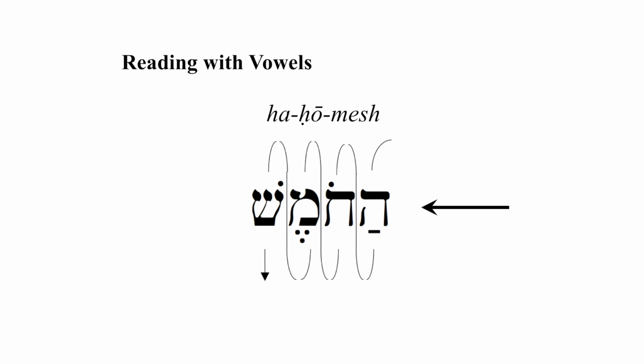We drop down, but there's no vowel here, so we have to keep moving, and as we come up, we encounter the dot on top, which is a long O, so we're going to pronounce the second syllable, ho.